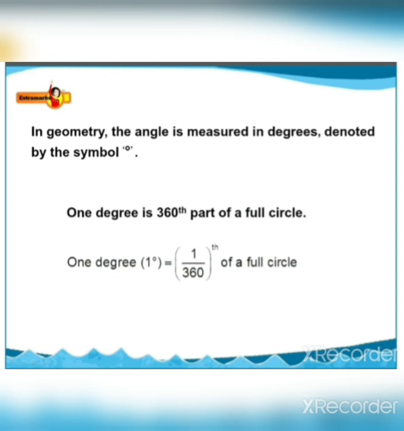So here you are supposed to only draw the angle using protractor. Also you can draw with the help of ruler and compass, but you are not supposed to write the steps of constructions. So now let's see steps of construction of angles.